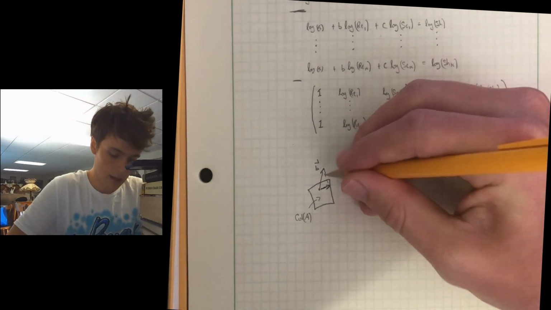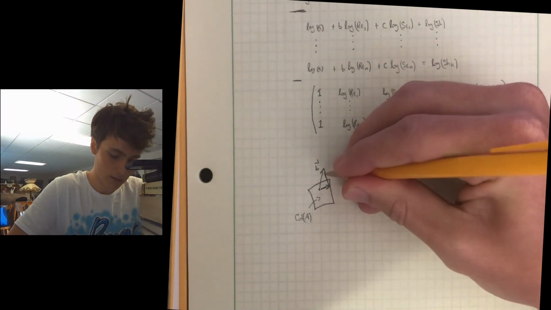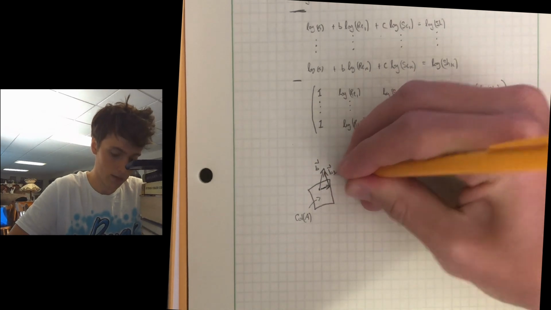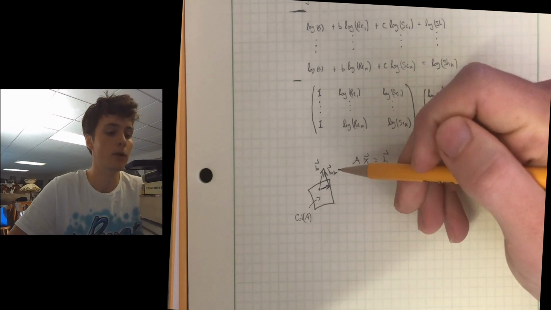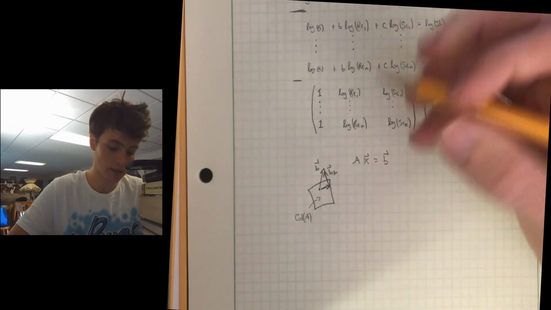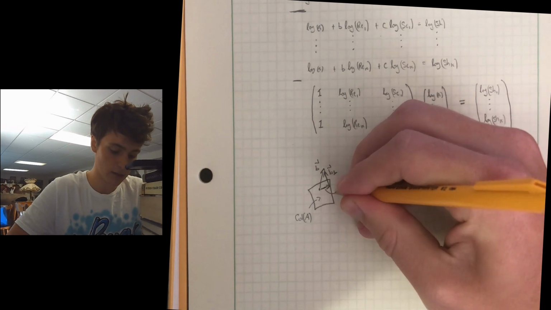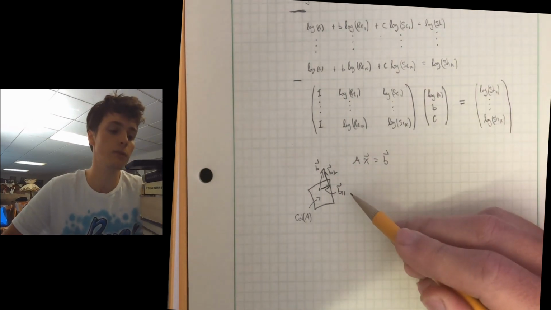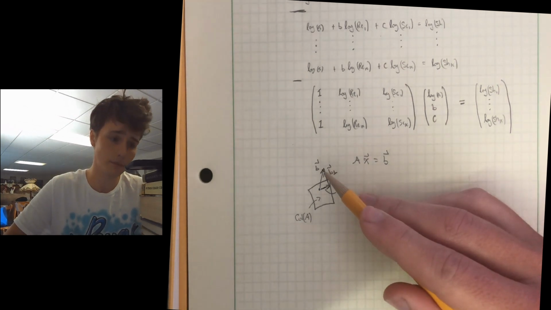And then there's also this vector here, which we'll call B perpendicular. It's the perpendicular vector of B. It's perpendicular to our column space. And this vector right here we'll call B parallel. This is the closest we can possibly get to this vector. So this we can't solve.